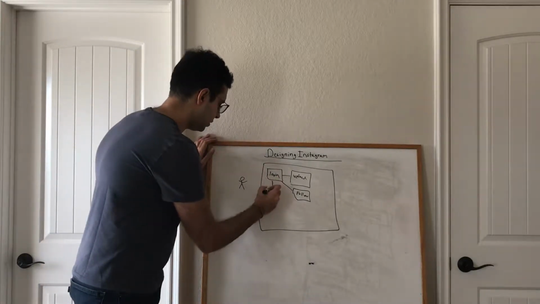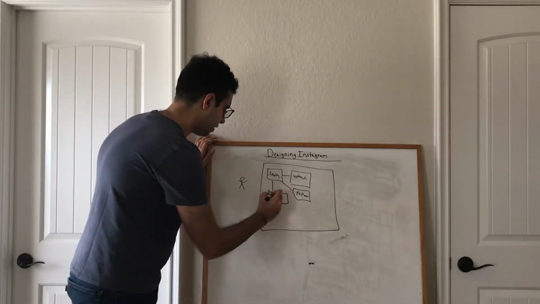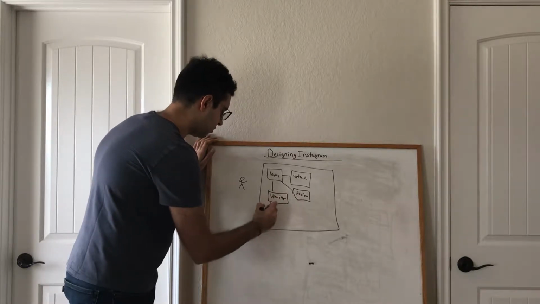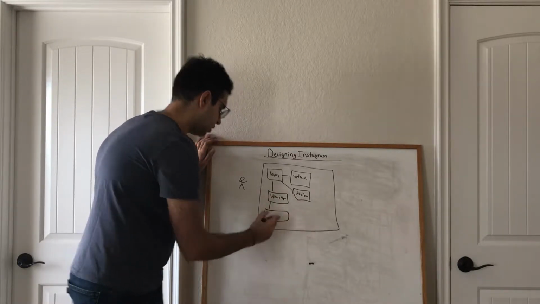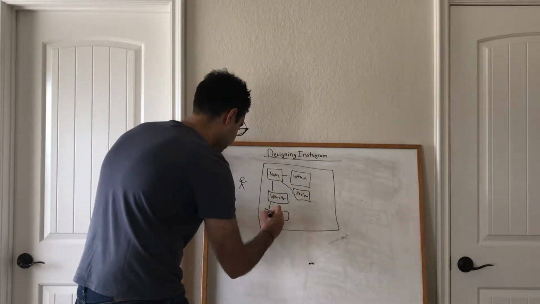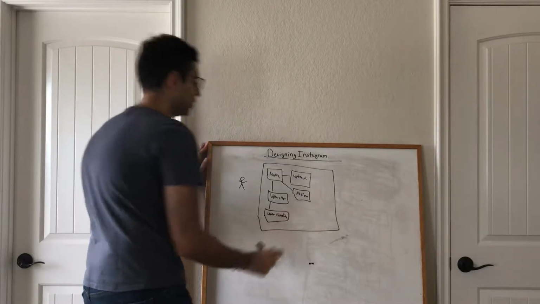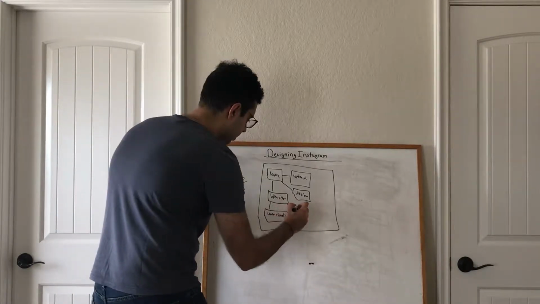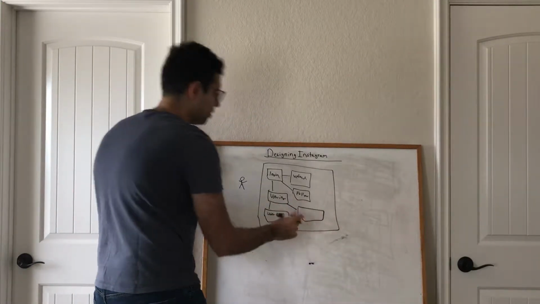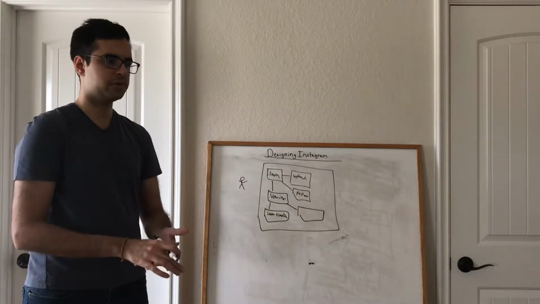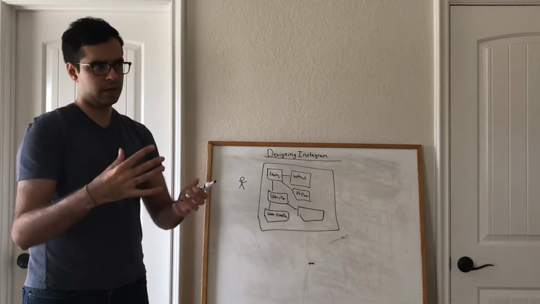So let's write it down here. So we have viewing, and we break it down into a user timeline, which is what we'll call it. User timeline.